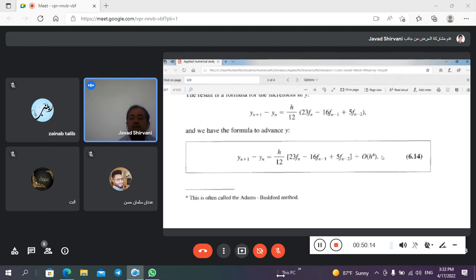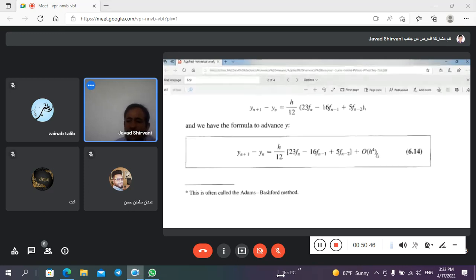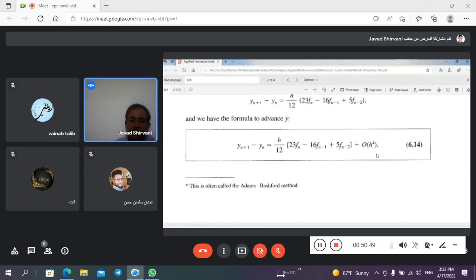This is displayed in this box as formula 6.14, with accuracy of order h to the 4, which tells us the local error is exact for polynomials of degree up to 3.